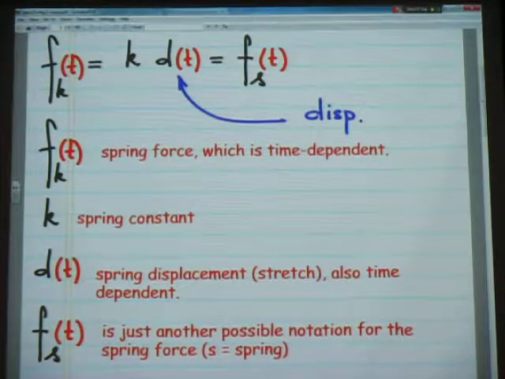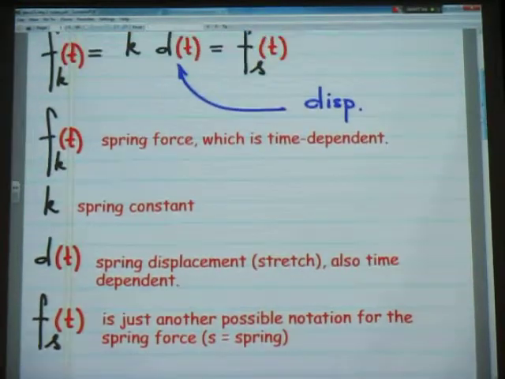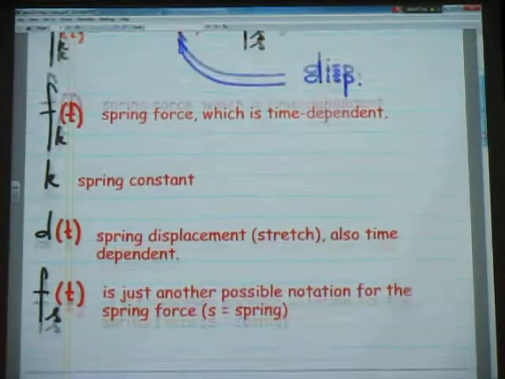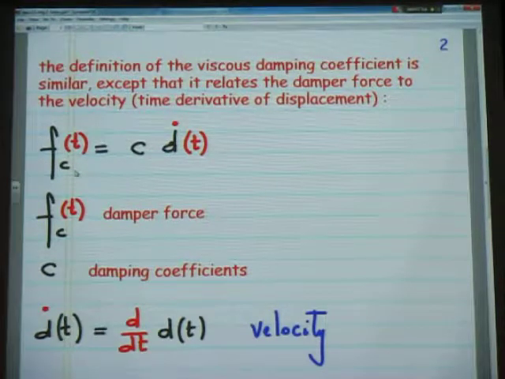F_k, F_s is just another possible notation, with S being mnemonic for spring. But I think with the subscript k, that will be consistent with the notation for F sub c, the damping force or the damper force, with c being the damping coefficient, and it is proportional to the velocity.